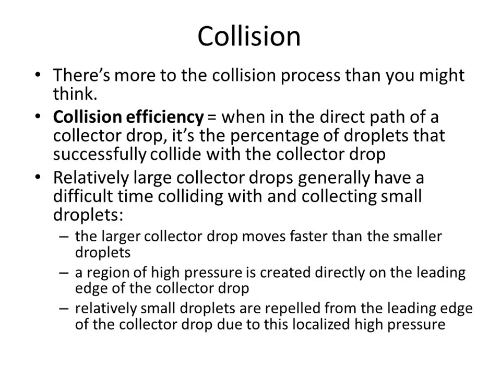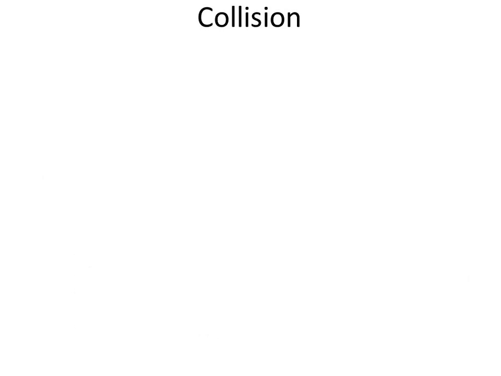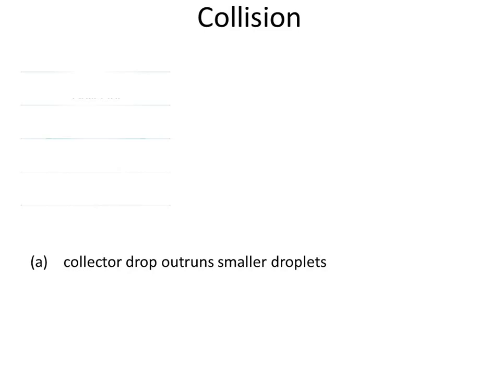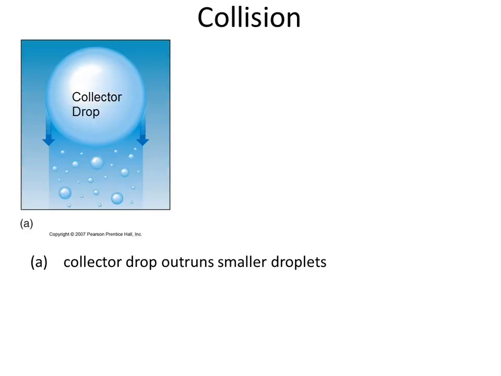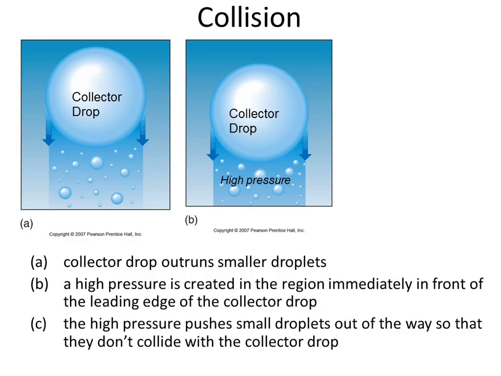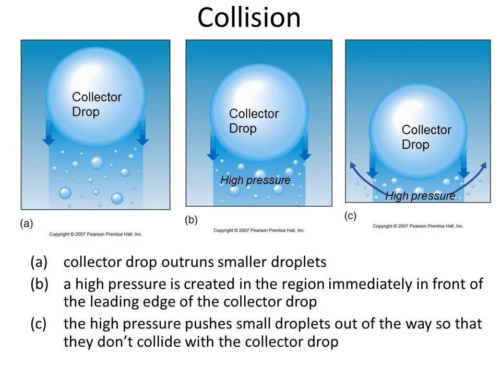So even though the large droplet is falling faster than the smaller droplets, the terminal velocity of the big one is faster and the terminal velocity of the little ones is slow, there's this problem, kind of like when we try to catch a feather: those little water droplets want to move to the side.